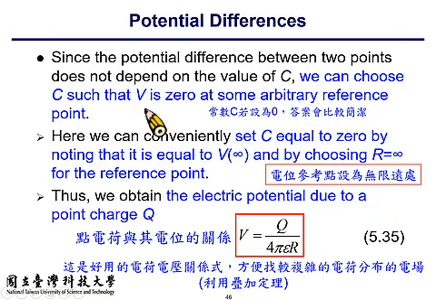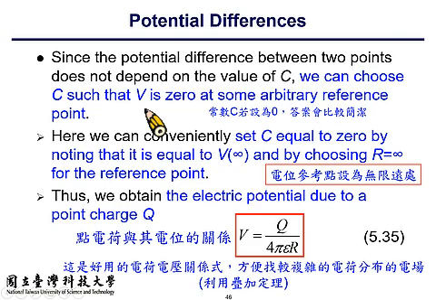So we can choose C such that V is 0 at some arbitrary reference point, and an intuitive guess is to set the reference point somewhere at infinity. If the voltage reference is 0 at a very, very distant point, then C reduces to 0.